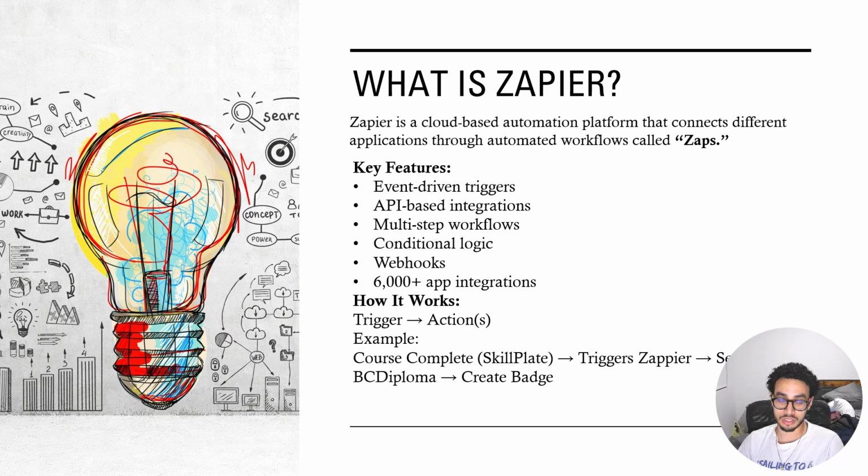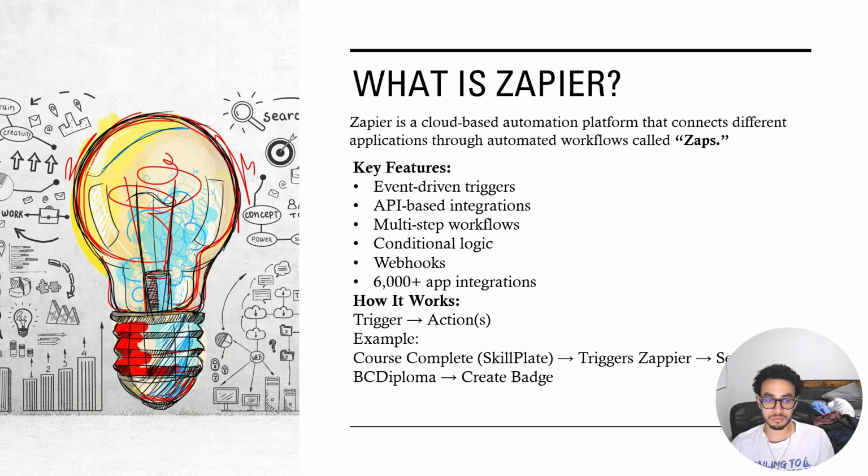I connected it to Zapier with a webhook, so it triggers Zapier and sends that information along into Zapier. Then Zapier takes it, and sorry, you cannot see it from my webcam, but Zapier takes it and sends it to BC Diploma. BC Diploma is one of the apps that is integrated in Zapier itself, so it sends that information along in Zapier.